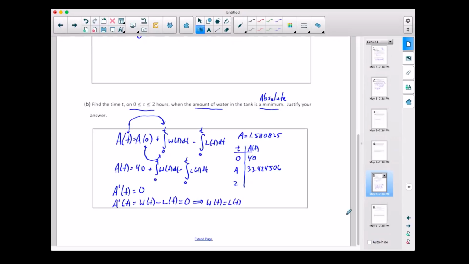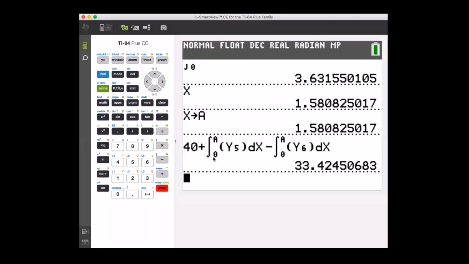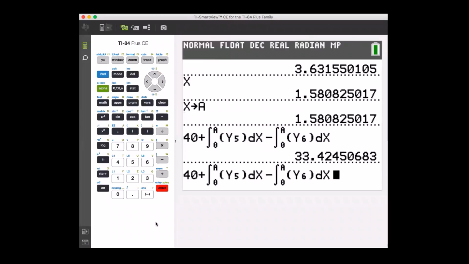And now all I have to do is find the amount at time 2. And the beautiful part about the calculators on the TI-84s, and I'm sure the Inspires are the same way, is you don't have to type all that over again. You've already got it written up here. All we have to do is go back up and highlight that equation we just used and hit enter, and it brings it right back. So we don't have to retype it.